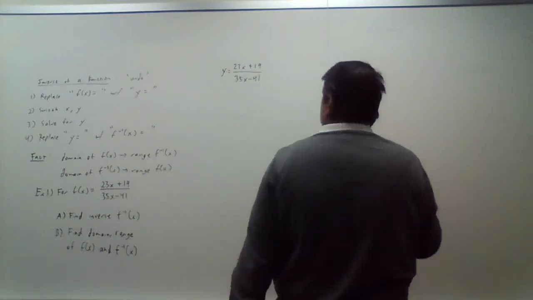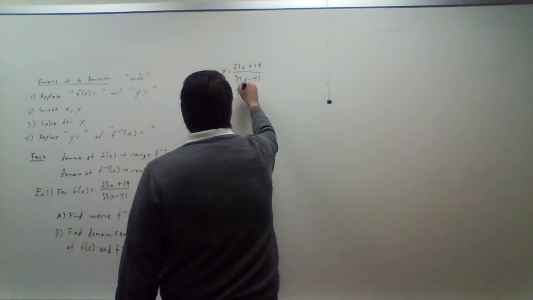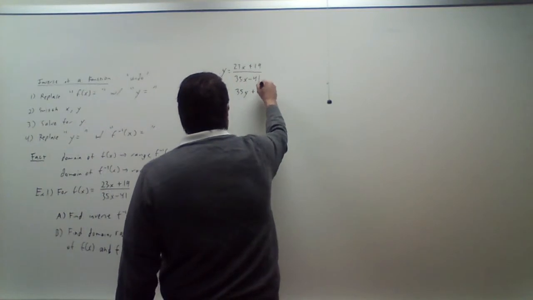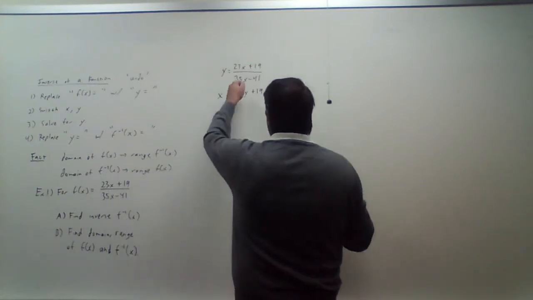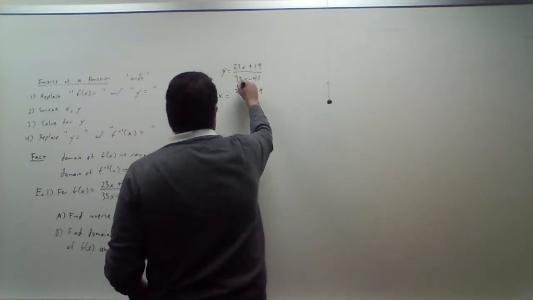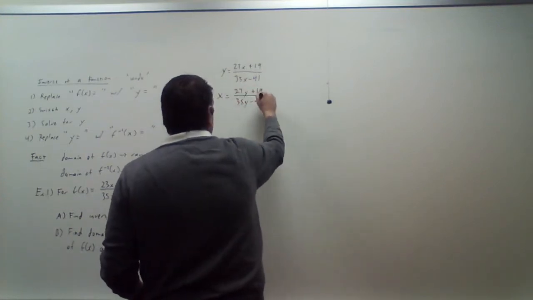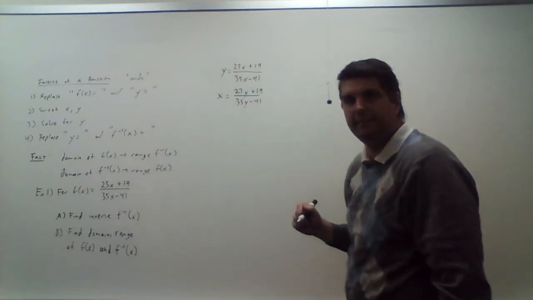Okay? And then we're going to switch x and y. So x equals (23y plus 19) over (35y minus 41). Okay?